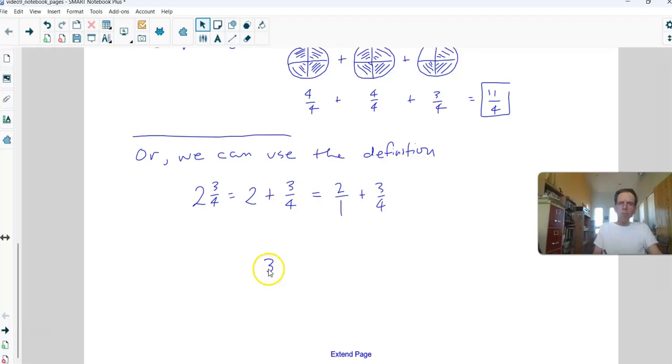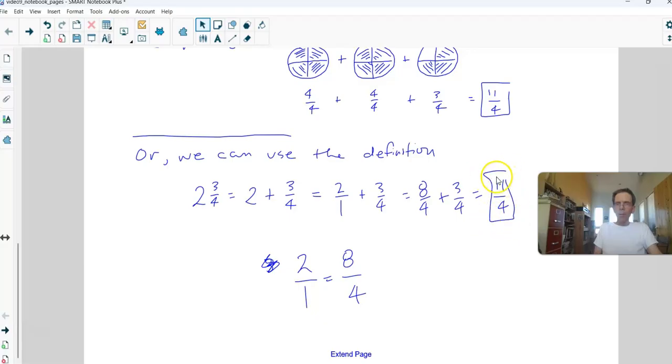Let's get an equivalent fraction of 2 over 1 with 4 on the bottom. So 1 goes into 4, 4 times 2 is 8. I hope it makes sense. 4 goes into 8 twice. That's why 2 is represented by 8/4. So we get 8/4 plus 3/4, and that's 11/4, just like we got before.